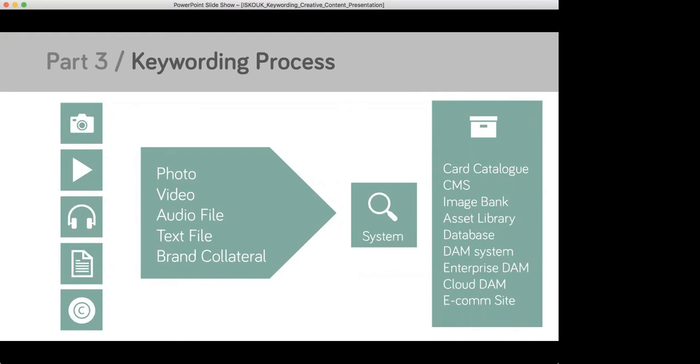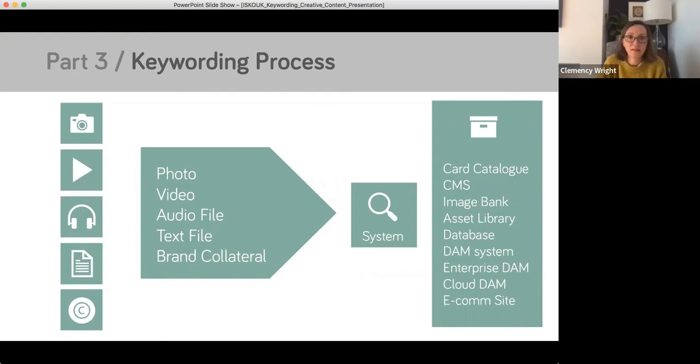What's the difference between keywording, tagging and indexing, and how would you define each? Well, I think how I would define each may be different to how you would, Heather. But I think that sometimes semantics can get in the way when we're talking about keywording. So for me, keywording is when I'm asked to look at imagery, particularly photographs, sometimes videos, and describe what the content of the asset actually contains.